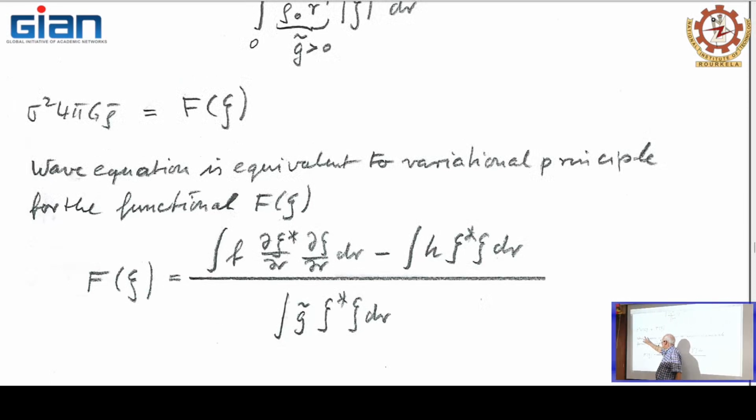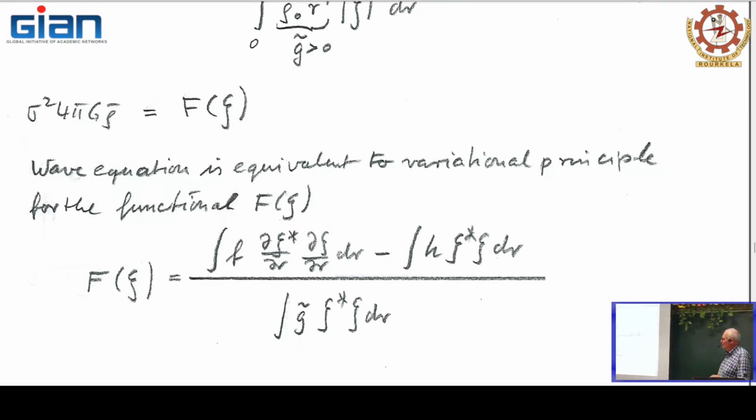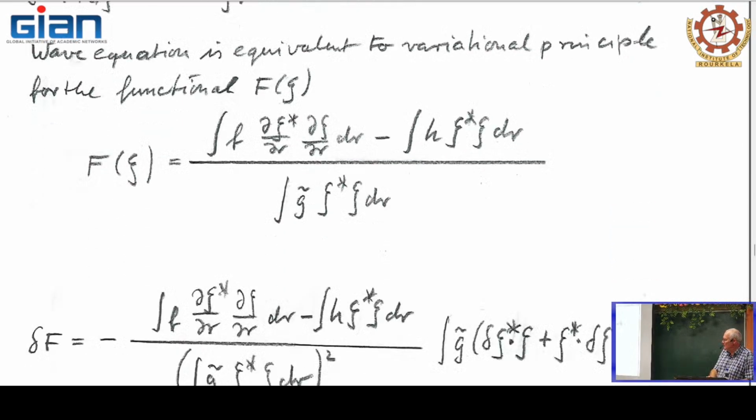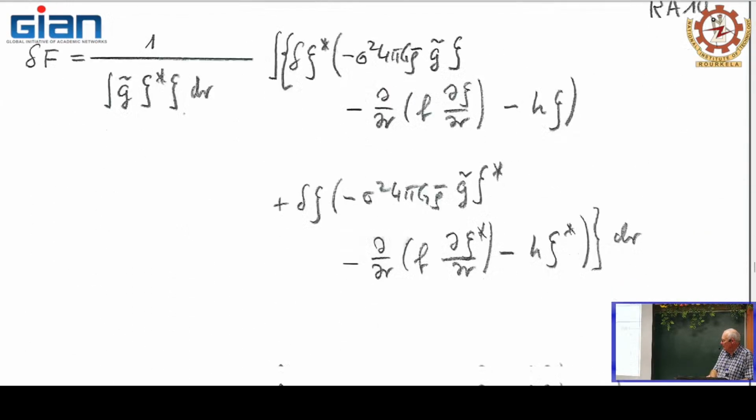F of zeta is sigma squared times 4 pi g rho, but only, of course, if we have a solution of the wave equation, if f has a local minimum. So we are looking for the minimum of the functional, and if we have a minimum, then its value at the minimum will be the eigenfrequency. So this is another approach, an integral approach, to determine the solution of a perturbation problem or the solution of the boundary eigenvalue problem.